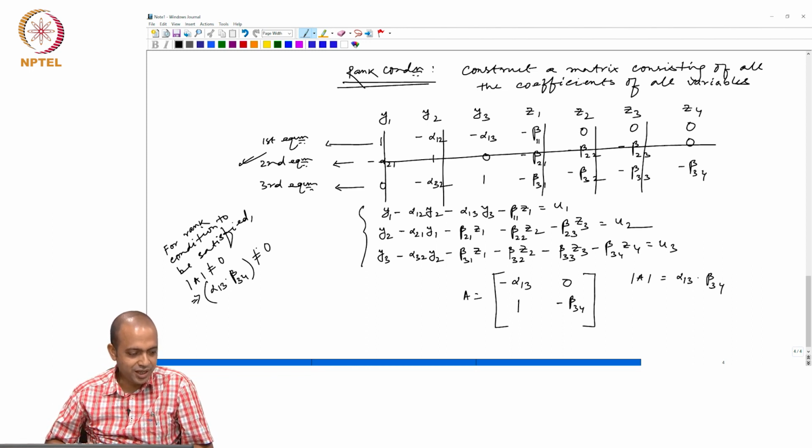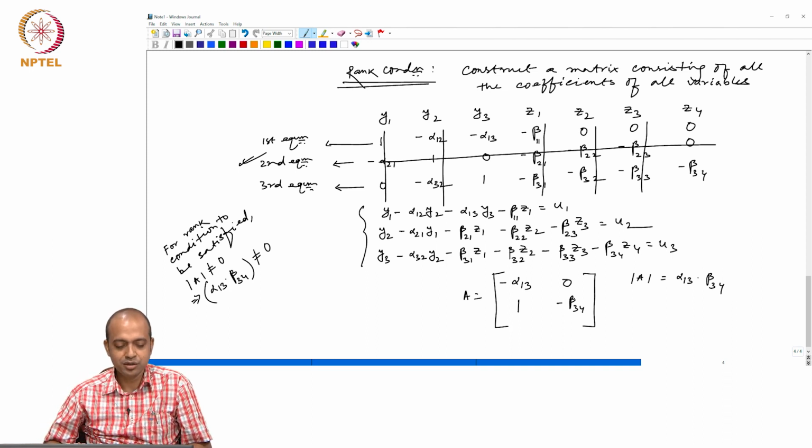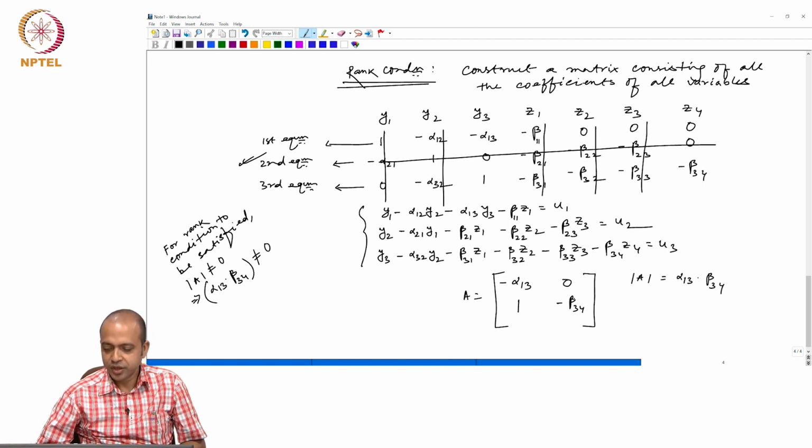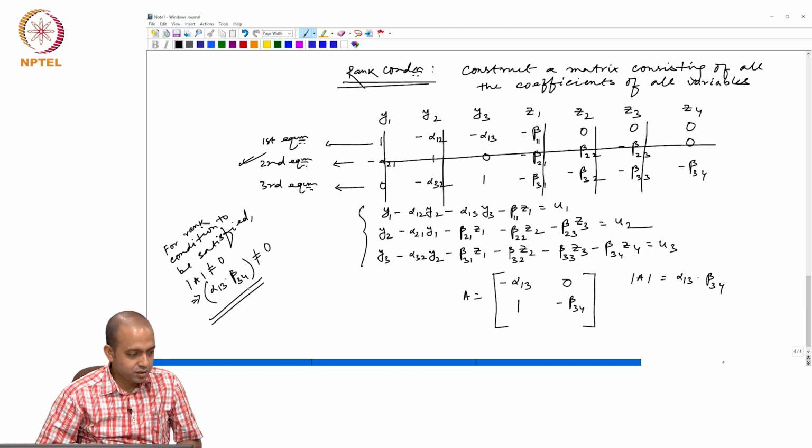Then the determinant of that matrix should be non-zero, right? Then essentially I am getting alpha 1 3 multiplied by beta 3 4 should be not equal to 0.